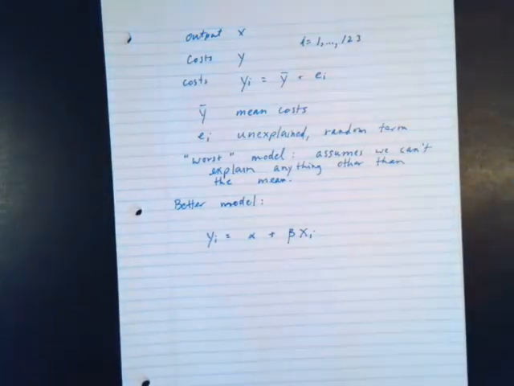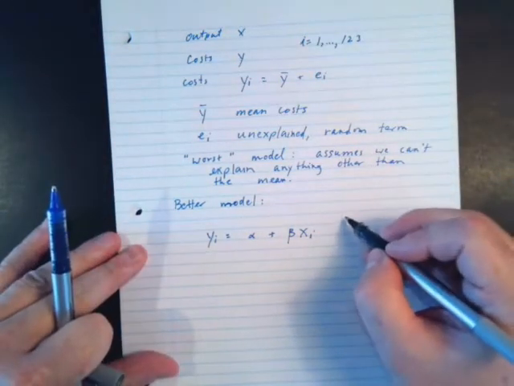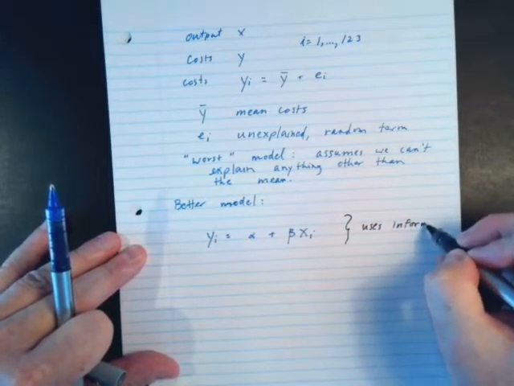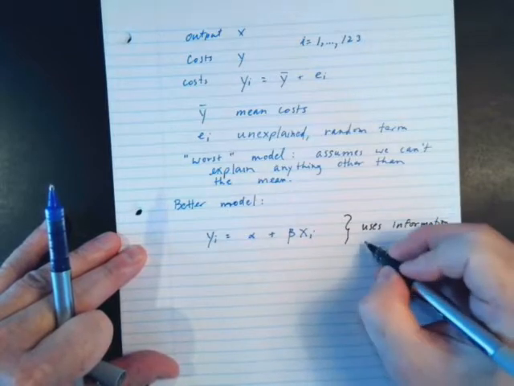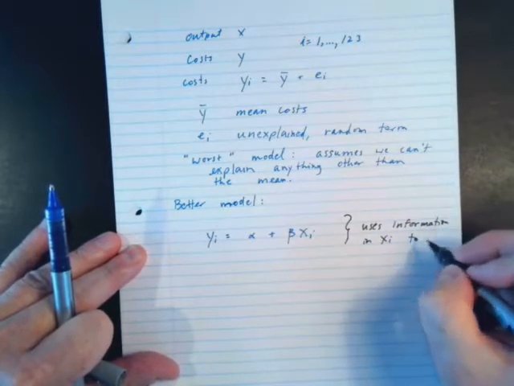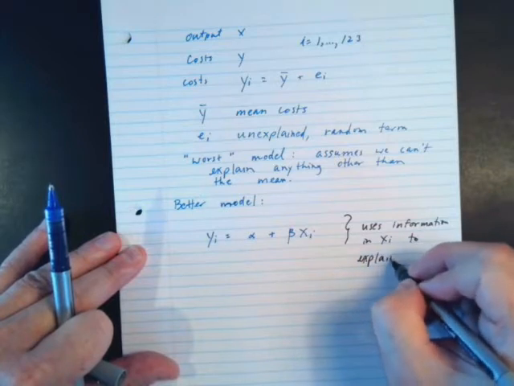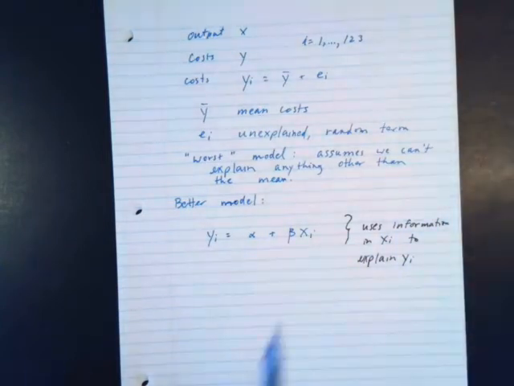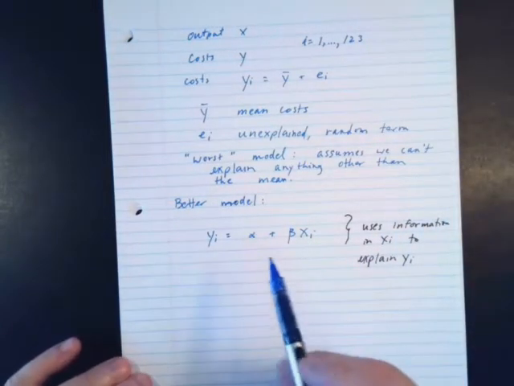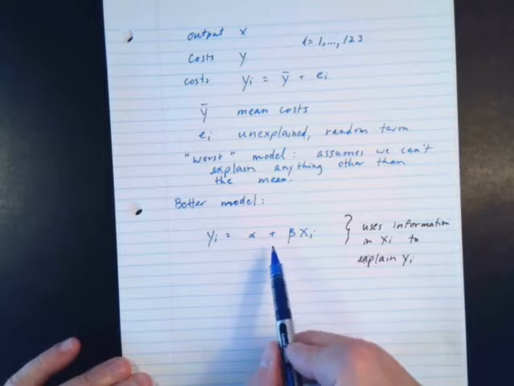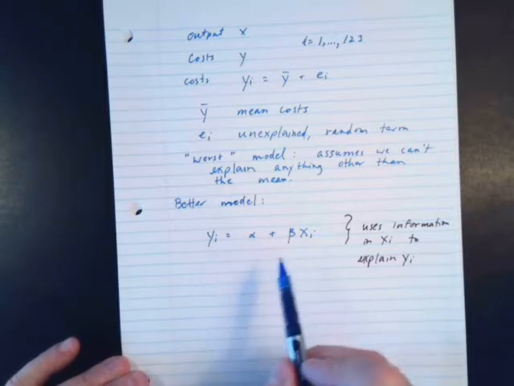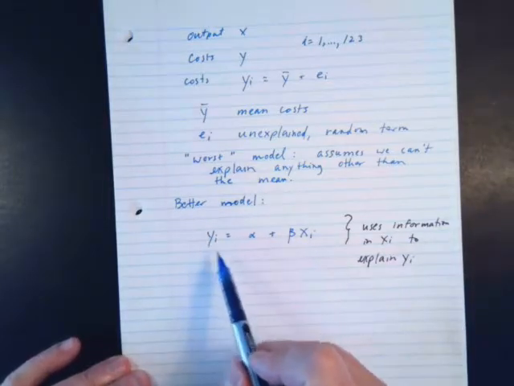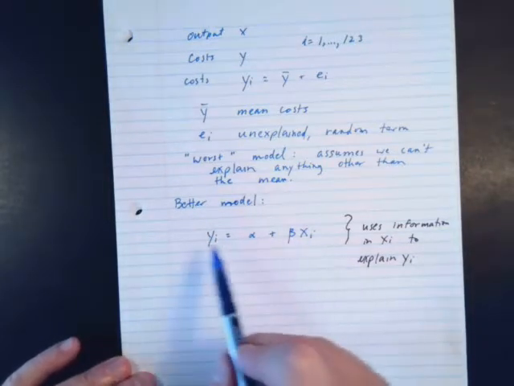Okay, now what's making this a better model is it uses the information in X to explain Y. Now, this is a model, and what that means is we're just assuming that they follow a linear relationship. We don't know for sure what the function is that connects operating output to costs.